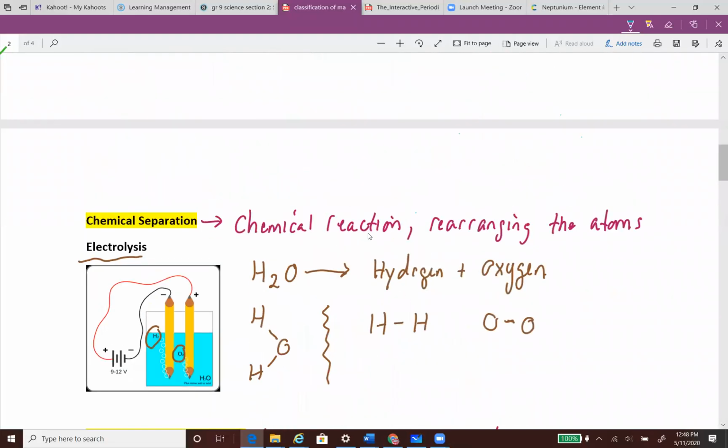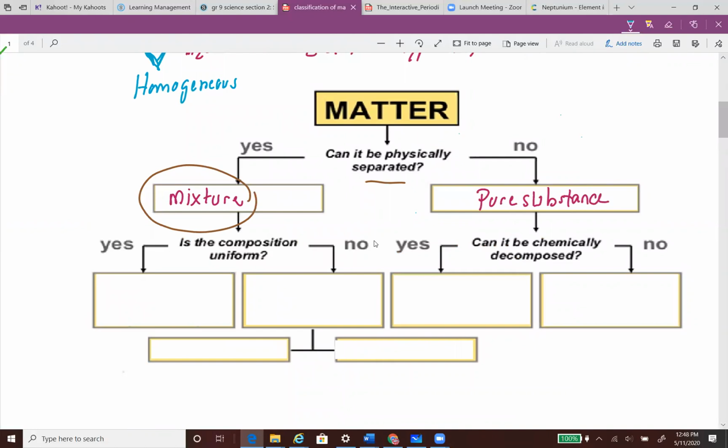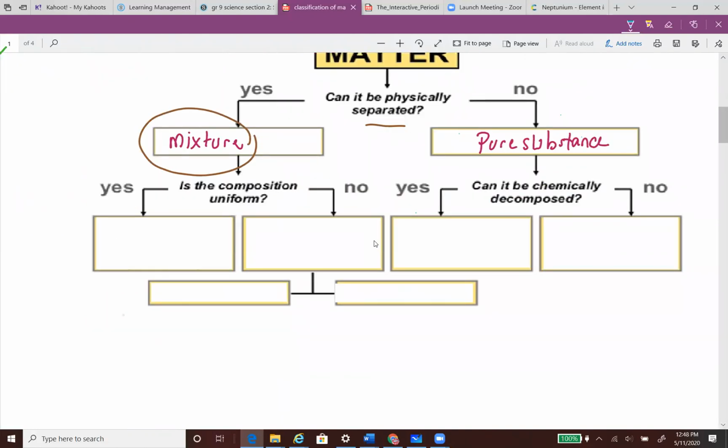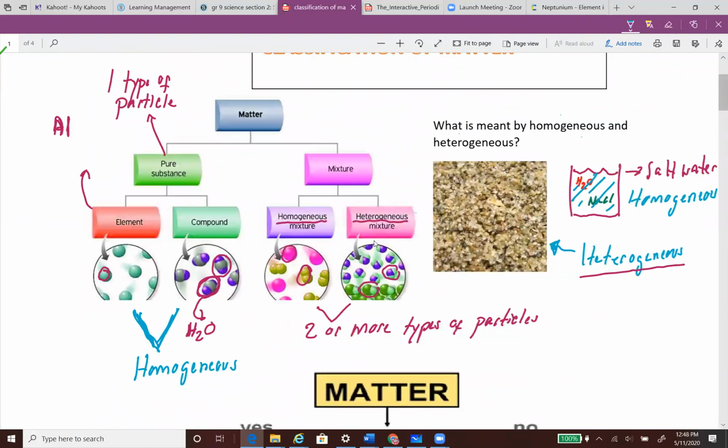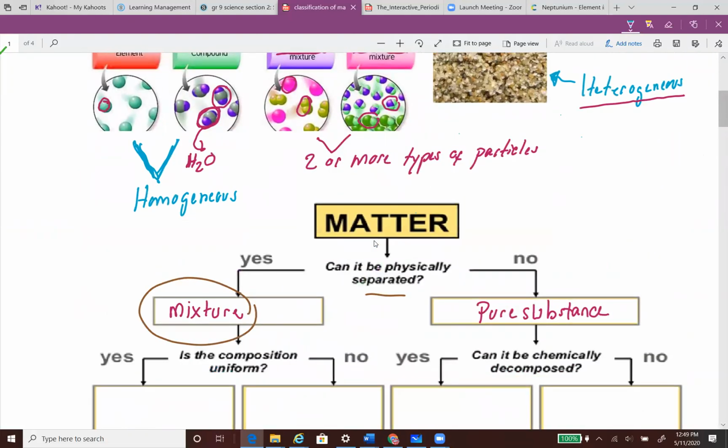So we're on mixtures. We said mixtures can be physically separated. Now, going back to the previous example, we said that we can look at mixtures as homogeneous or heterogeneous, right? And that's what this means. Is the composition uniform? Yes means it's homogeneous.